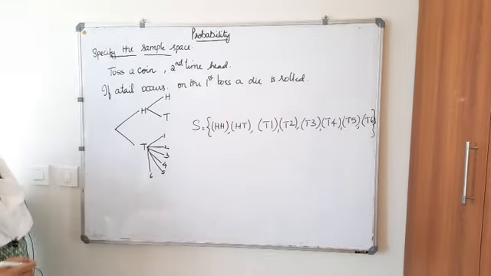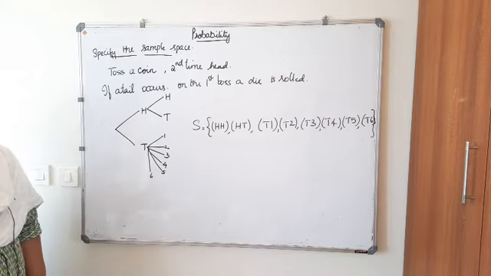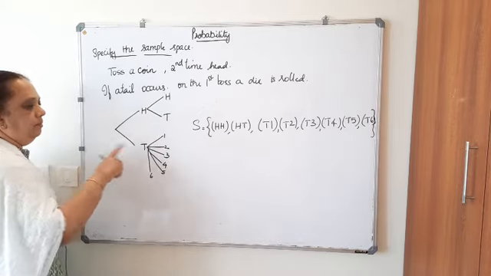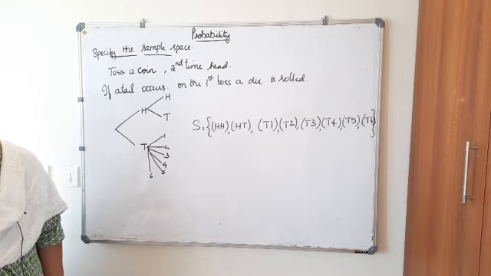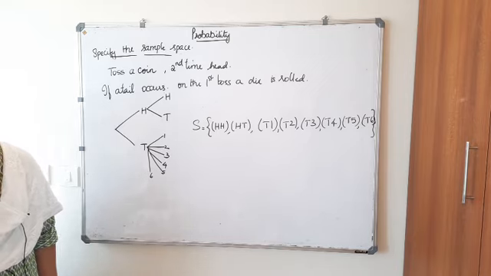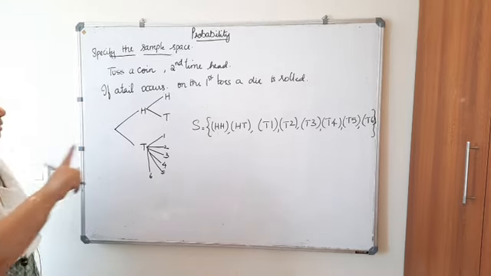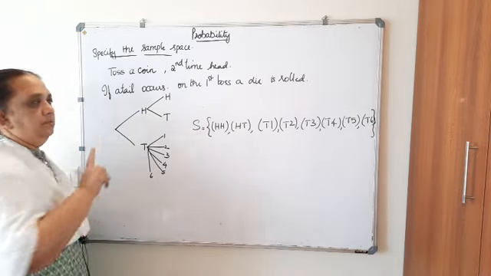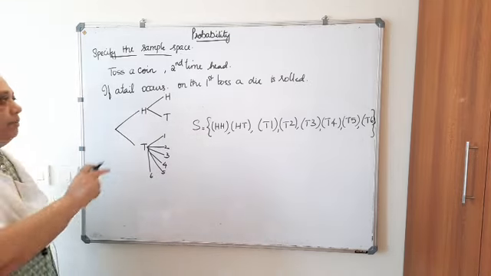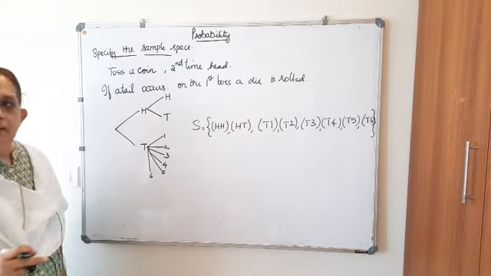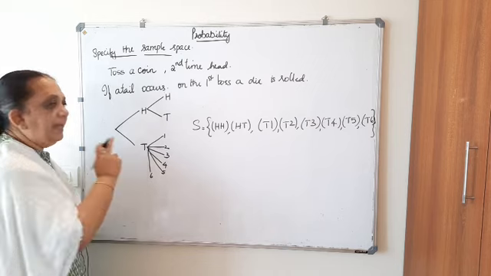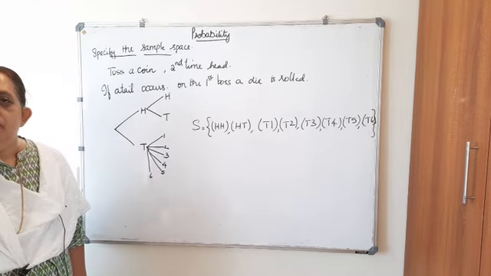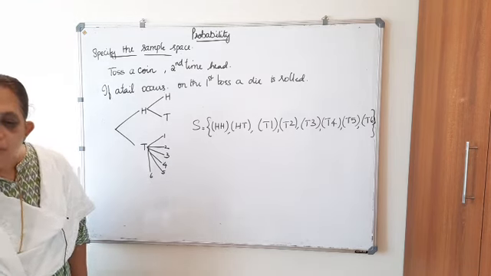So once again I'll explain. First experiment is tossing a coin. You may get a head or a tail. If a head comes up, then you toss a coin again. When you toss a coin, you may get a head or a tail. If a tail comes up, then what is the next thing you do? You roll a die.